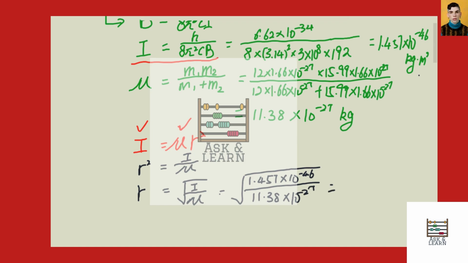Use your calculator, and you will find the bond length is equal to 1.13 times 10 to the minus 10 meters, which is equal to 113 picometers. And this is the answer.